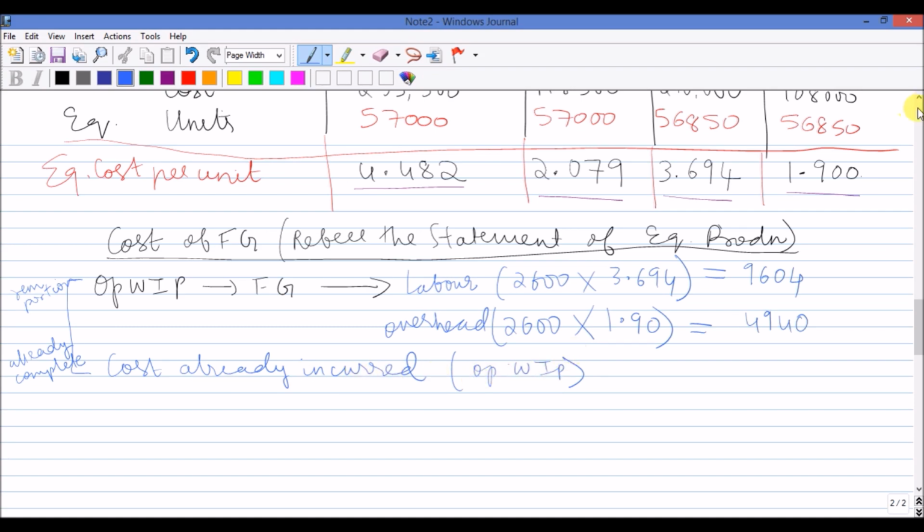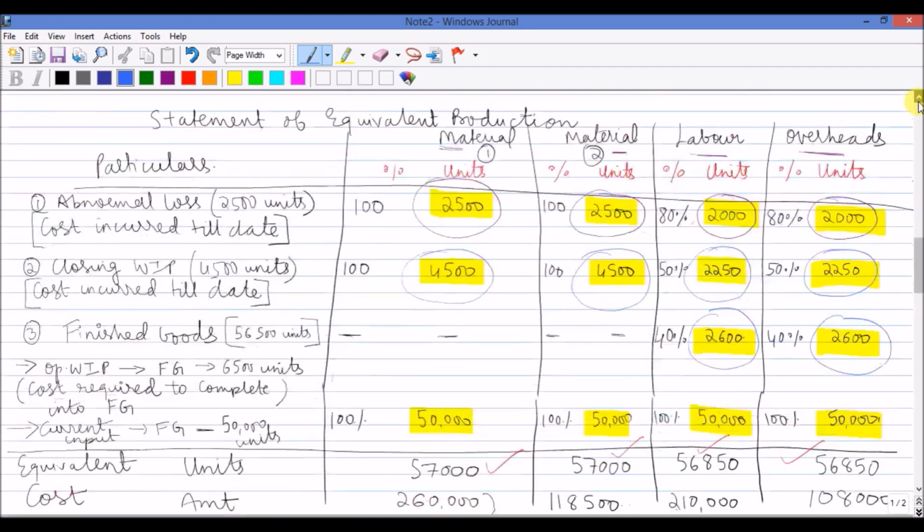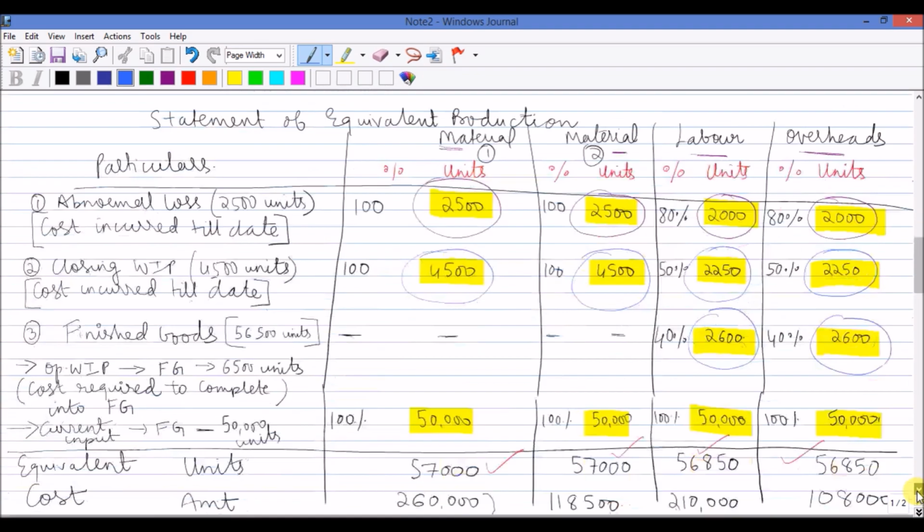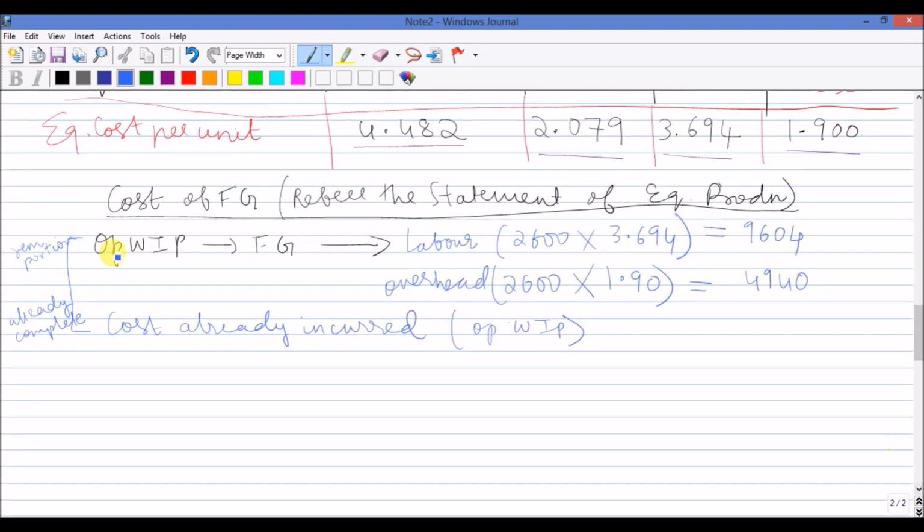How much cost has been already incurred? We can get it from here. 70,000 rupees of cost has already been incurred. So we have to include 70,000 rupees because the opening work in progress is converted into finished goods, so the total cost of the finished goods needs to be taken into consideration.